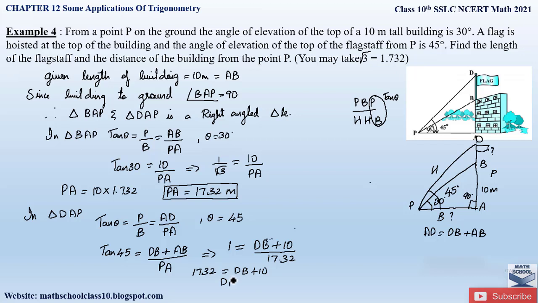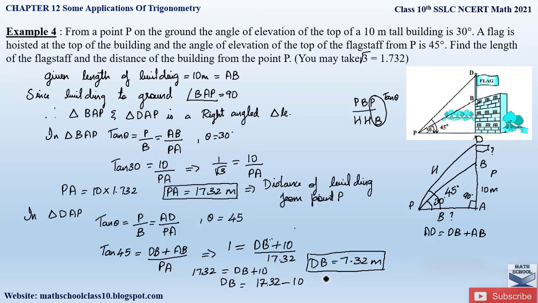So we get DB is equal to 17.32 minus 10, or the DB value is equal to 7.32 meter, which is the height of the flagstaff. So this is the distance of the building from the point P, and DB is the height of the flagstaff, right? So this is how we solve this problem.